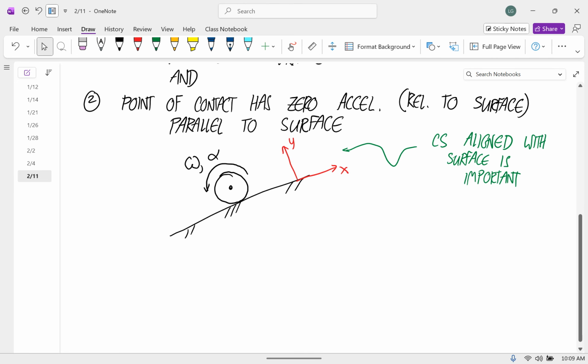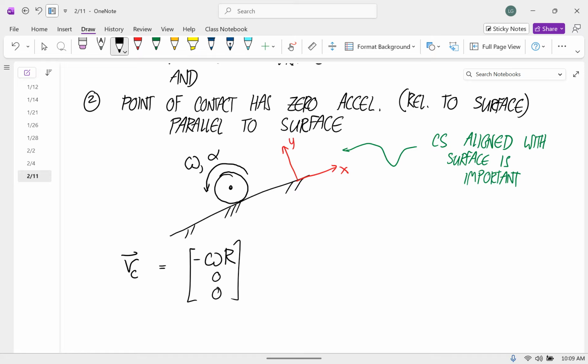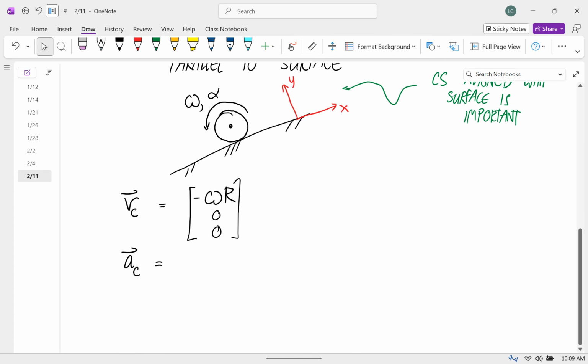And if you use this definition, then the velocity of the center is equal to negative omega times the radius of the wheel or ball or whatever, 0, 0. And the acceleration of the center, that's relative to the surface, is equal to negative alpha times r, 0, 0.